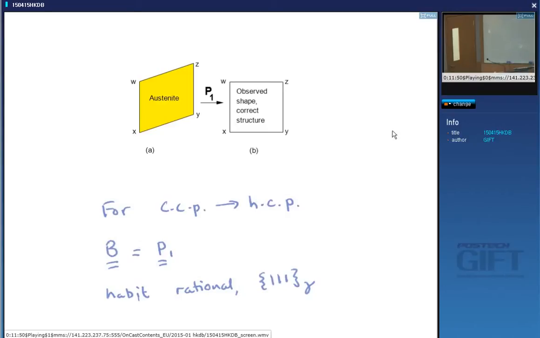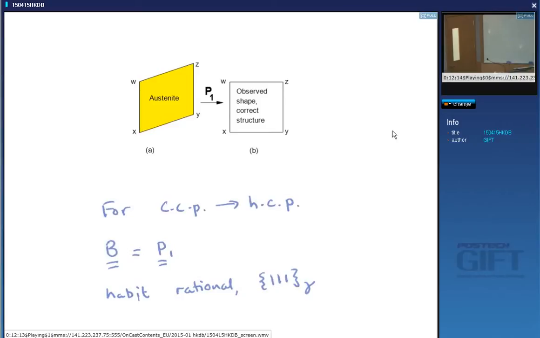Yeah, the basal plane 0, 0, 0, 1 is parallel to 1-1-1, and the close-packed direction inside the basal plane 1, 0 bar 1, 0, yeah? Or in 3-index notation it's 1, 0, 0, is parallel to 1, 1, 0 type in the austenite, precisely.